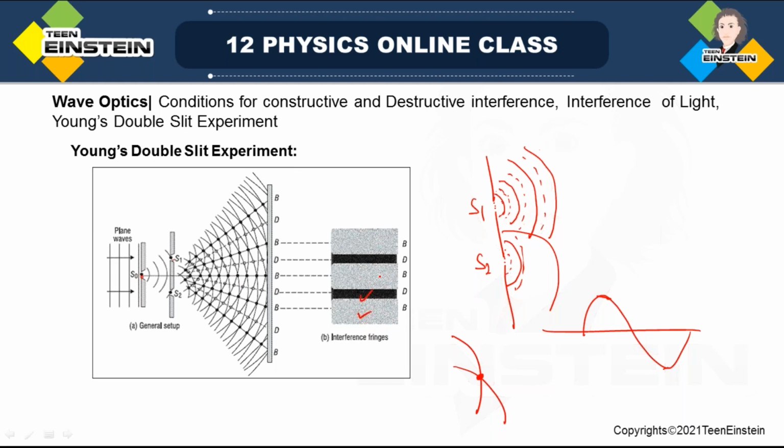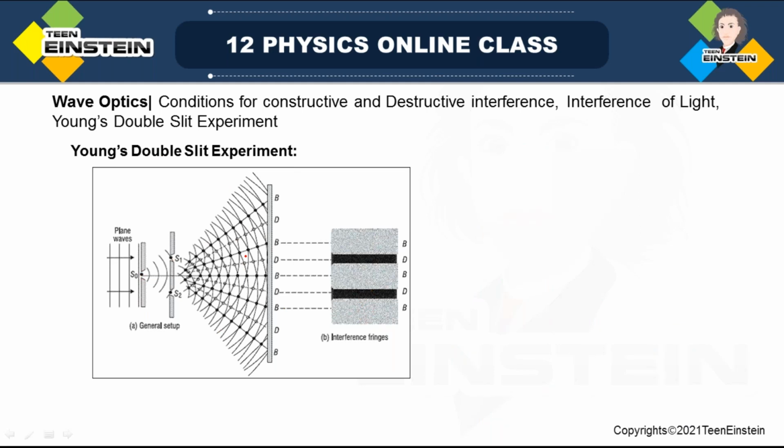So this is how bright and dark bands are produced, or how interference of light was experimentally proved in the laboratory by Young's double slit experiment, in a very simple arrangement.